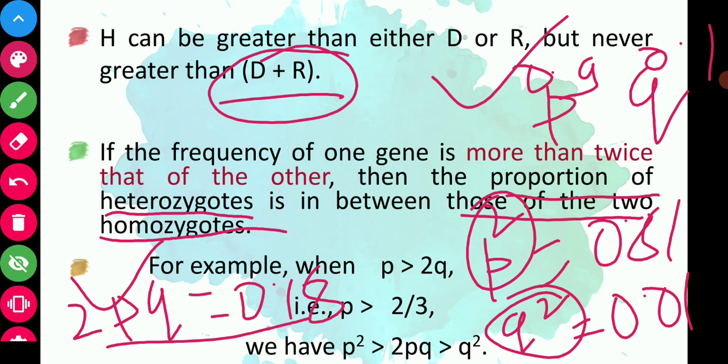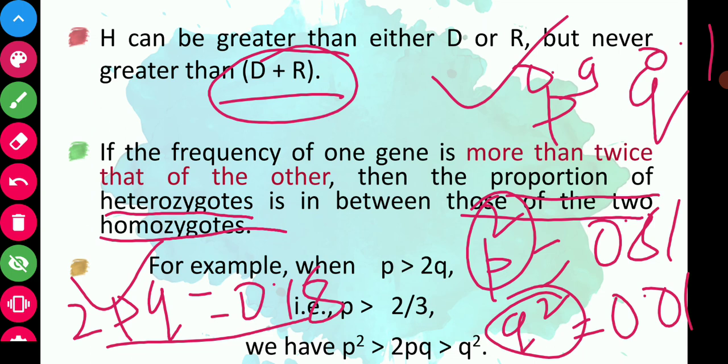If a population is in equilibrium and the frequency of one allele is more than twice that of the other allele, under such circumstances the frequency of the heterozygote will be in between the frequencies of both homozygotes. Here you have seen it with an example. You can take any other value.